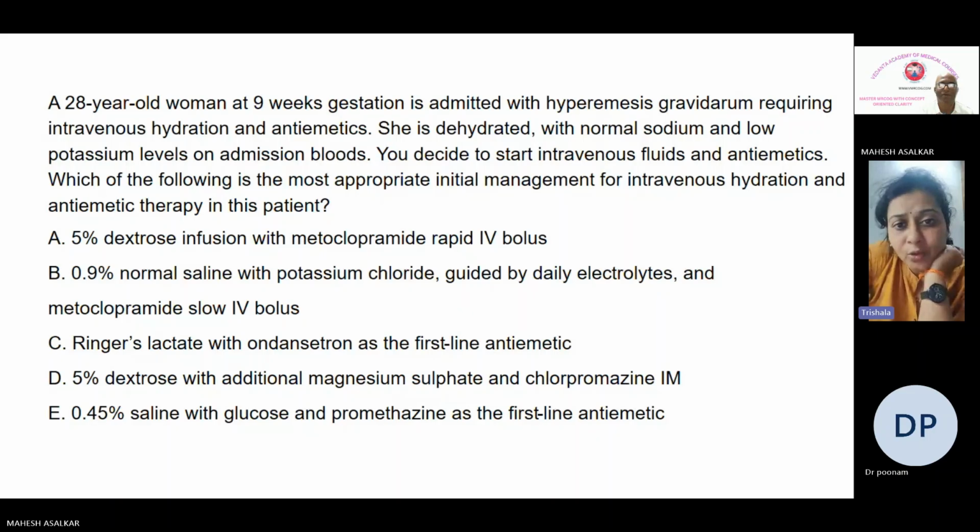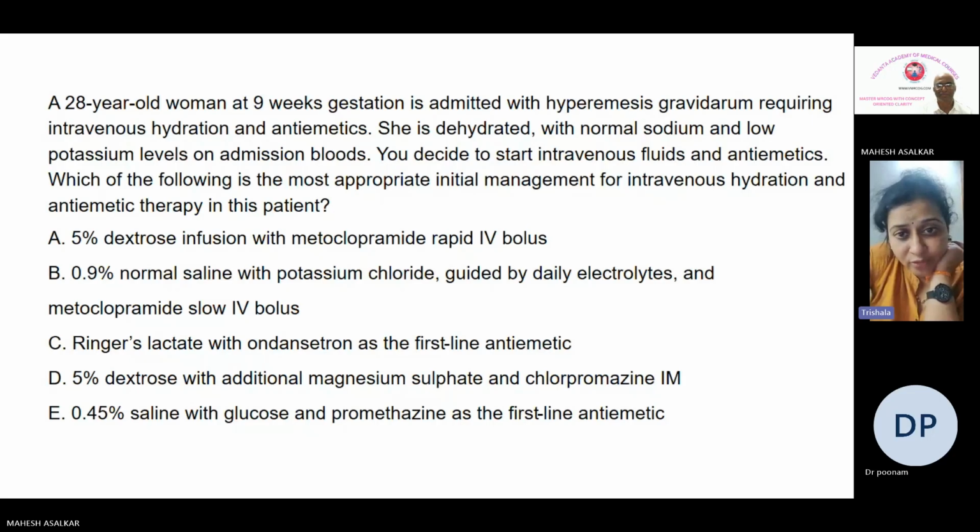A 28-year-old woman at 9 weeks of gestation is admitted with hyperemesis gravidarum, requiring intravenous hydration and antiemetics. She is dehydrated with normal sodium and low potassium levels on admission bloods. You decide to start IV fluids and antiemetics. Which of the following is the most appropriate initial management for intravenous hydration and antiemetic therapy in this patient?